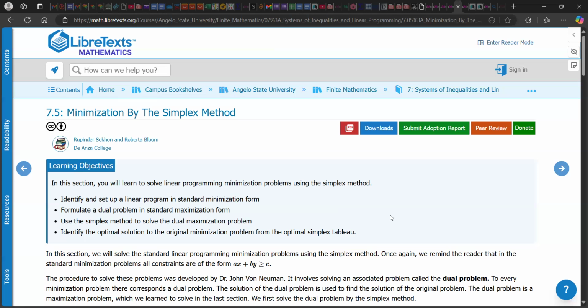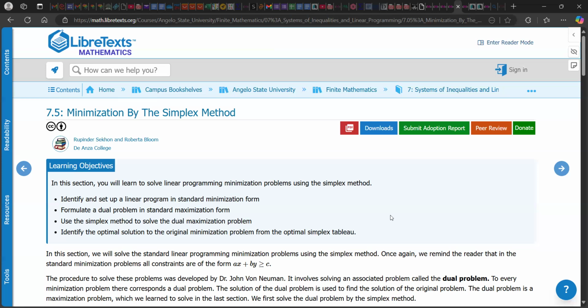Okay, so minimization is a completely different and more complex process, right? And that's why you find that most of the time my solutions are always on maximization problems, because minimization brings in some other dimensions. A lot of times you're going to have situations where you're dealing with an unbounded area.